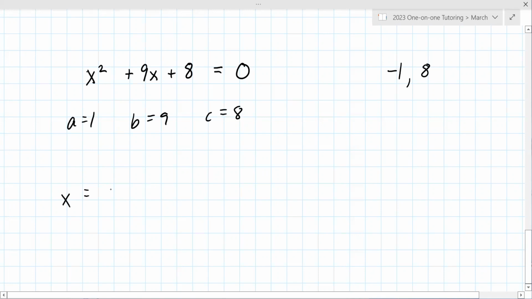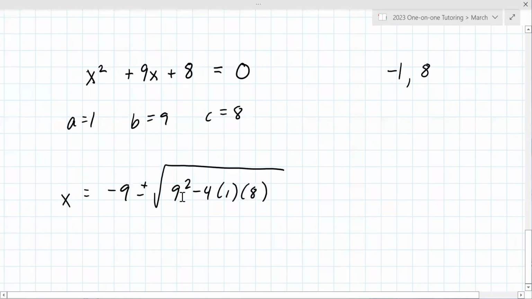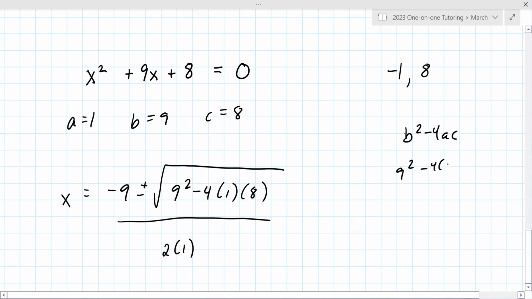So this is -9 plus or minus the square root of 9 squared minus 4 times 1 times 8. What did you get inside the square root?